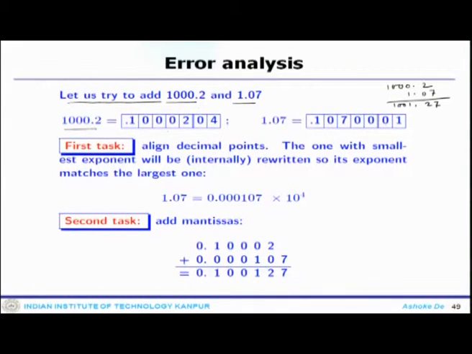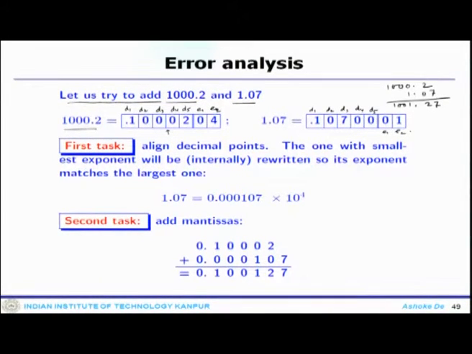As we said, these are 5 digits which correspond to D1, D2, D3, D4, D5 and these are E1 and E2, the exponents. Similarly here, D1, D2, D3, D4, D5, E1, E2.